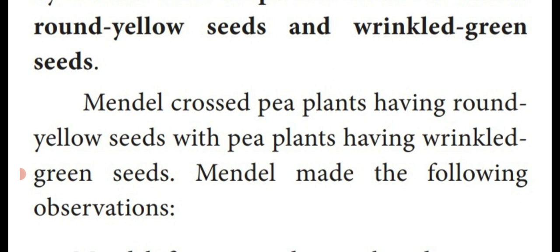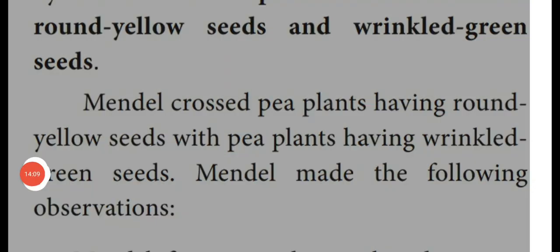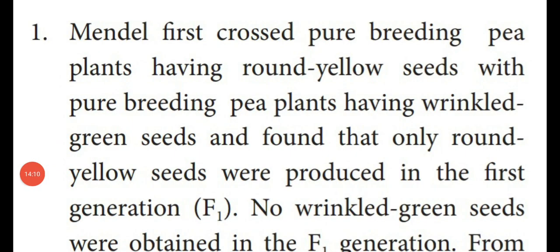So dear students, Mendel crossed pea plants of round yellow seeds with wrinkled green seeds. Different observations were made by Mendel. See the paragraph. These are the observations of the dihybrid cross by Mendel.